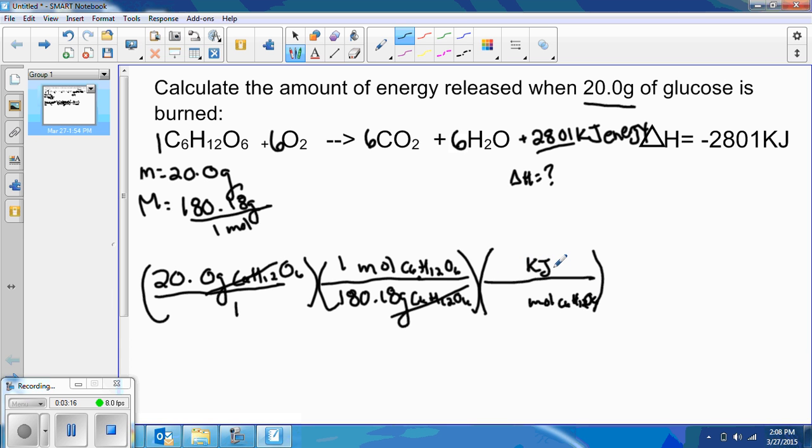So I'm converting to kilojoules. And we use this value, 2,801, as if it were like the coefficient. And the coefficient of glucose is just a 1, so moles of glucose cancel, and I'm left with kilojoules of energy. If you type this into your calculator exactly as is, you'll get a value of 311 kilojoules.